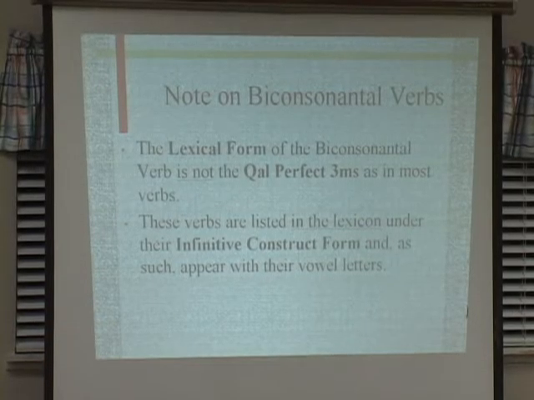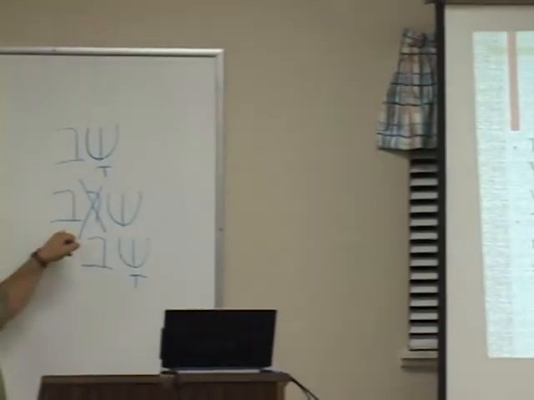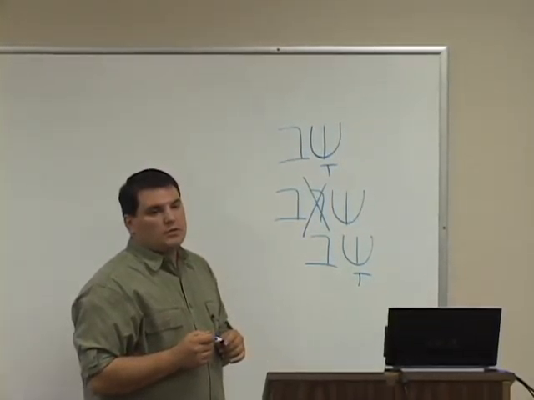Because in order to show this verb in full, like shuv or sham, you'll have to list it with all 3 letters, and with all 3 letters it only appears in the infinitive construct form.